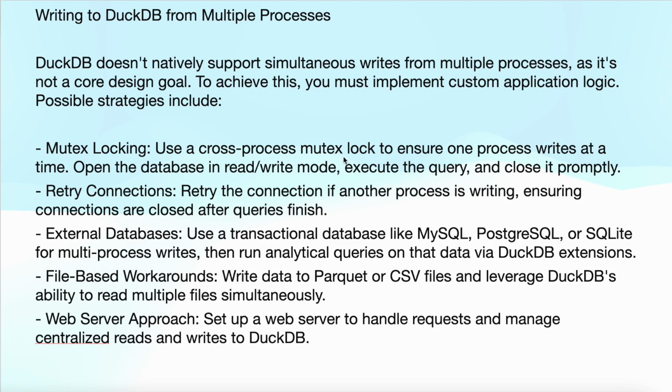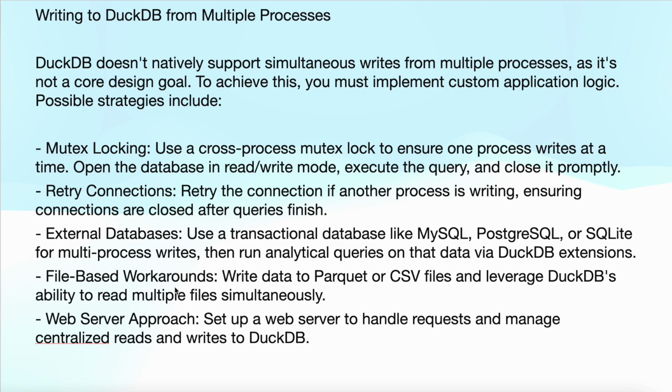Use a cross-process mutex lock to ensure one process writes at a time. The second is retrying the connection if another process is writing. We have to keep on retrying until the connection which is writing has been closed, so that the next connection opens and retries. We can do this using external databases as well.